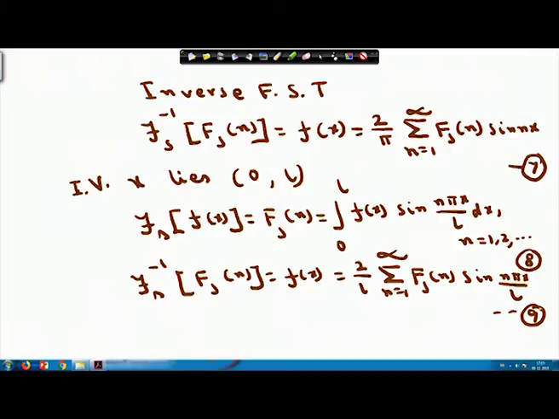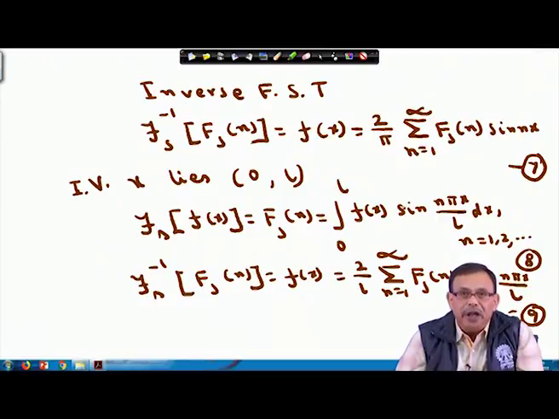So, please note this one: for inverse Fourier sine transform, Fourier sine inverse is 2 by pi summation n equals 1 to infinity f s n into sin n pi x, and whatever we have defined, that is for 0 to pi, if x lies in 0 to pi, but x may lie in some interval 0 to a.